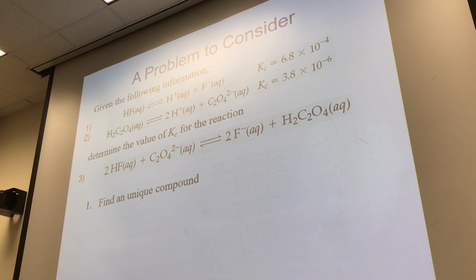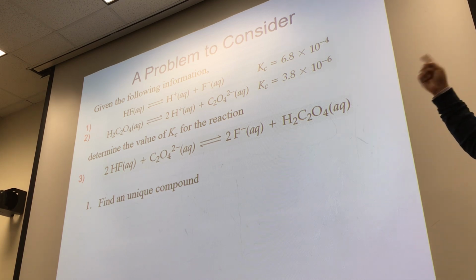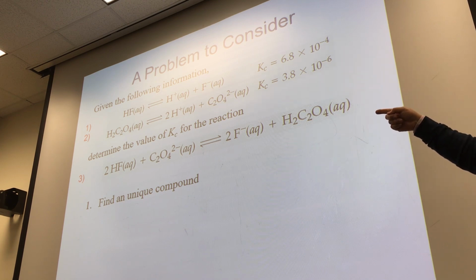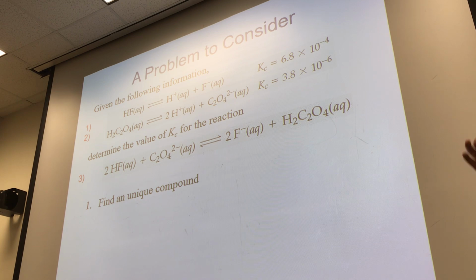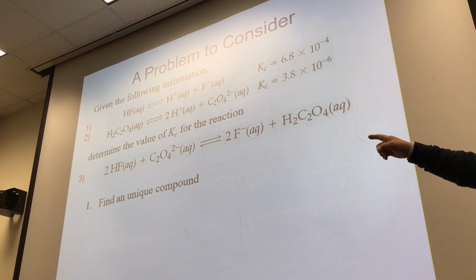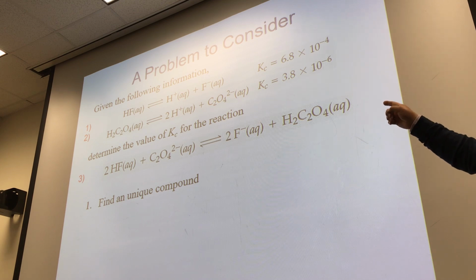Now, in order to do that, in my class, we talked about Hess's law. What you need to do is find the unique substance in the equation. So if I'm working with equation 1, I have to find a substance that appears in equation 1 and equation 3, but not in equation 2.